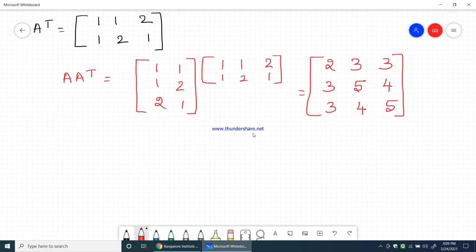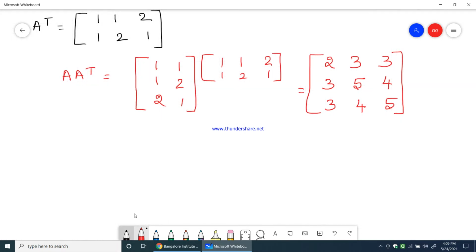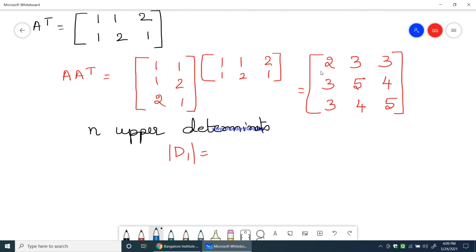Now in this matrix I will verify certain things. First I will find the n upper determinants. The first determinant D1 is the first element itself, which is 2.